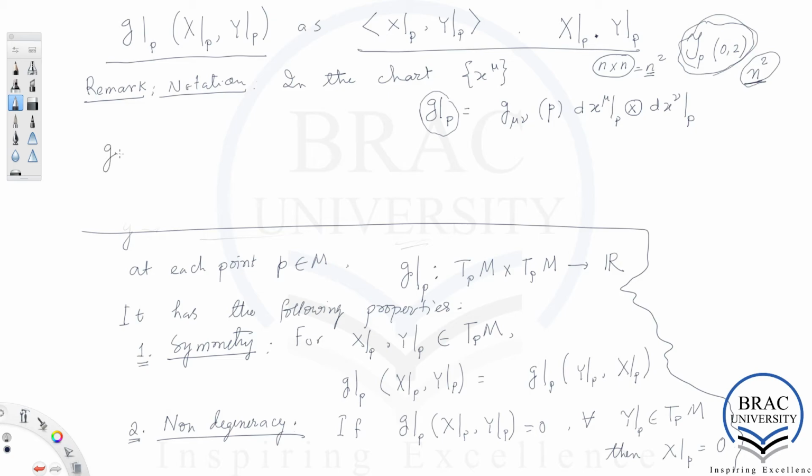Now g as a (0,2) tensor field can also be written as, now I'm just writing g, not g at P. g at P is a (0,2) tensor, and g is a (0,2) tensor field, and we can conveniently write it as g_mu nu dx^mu tensor dx^nu.